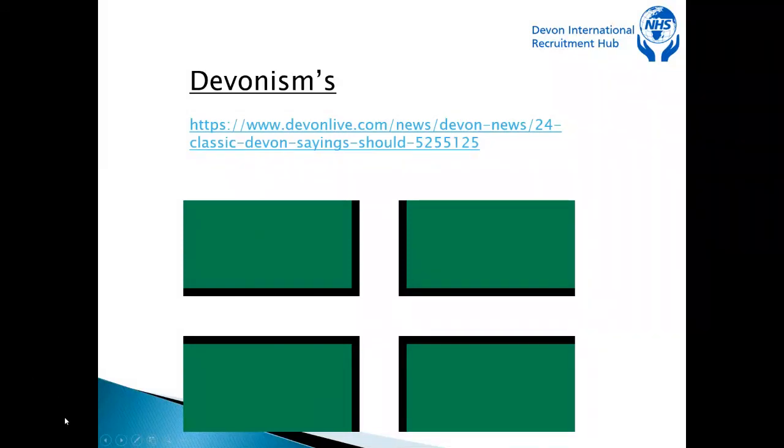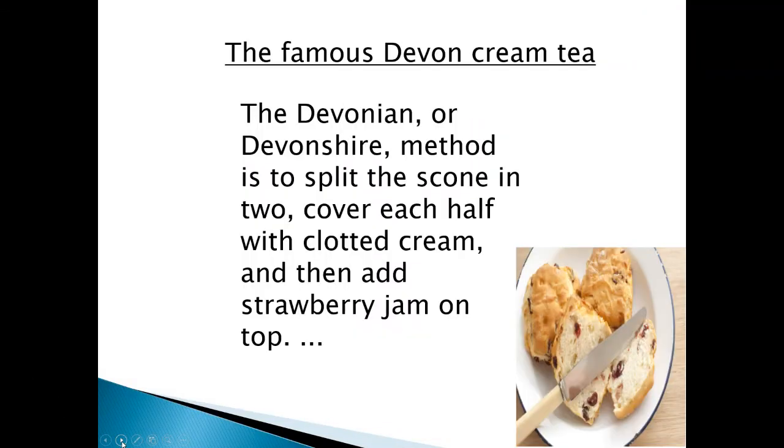And then I think there's another link on the next page. Right, okay, so this is the famous Devon Cream Tea. This is one of the things that our county is famous for and that we're very proud about. You will try this when you arrive in the UK for sure, and I know that the other international nurses absolutely love it.